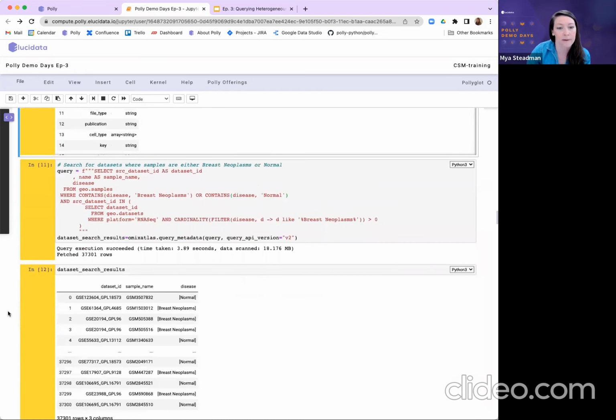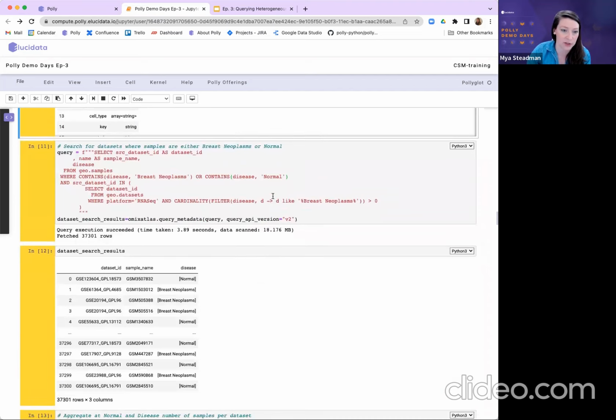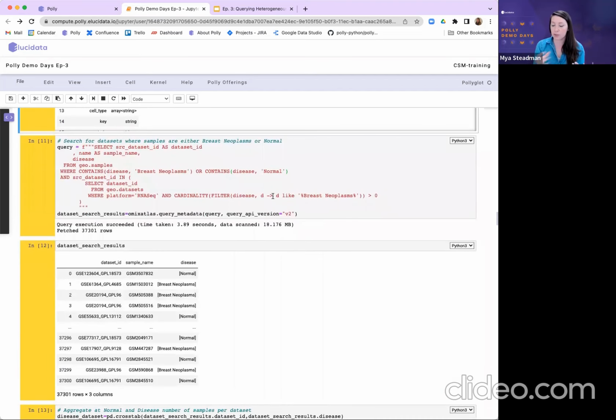So as promised, let's do our sample level search. To set the scene, oftentimes it's not enough to just have a disease of interest, right? There's usually some more criteria that may not be indicated at the sample or at the data set level that is important for the research that I'm doing.